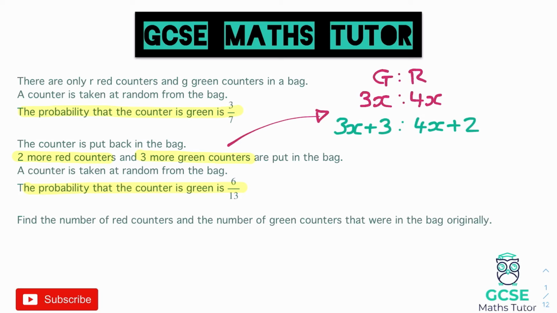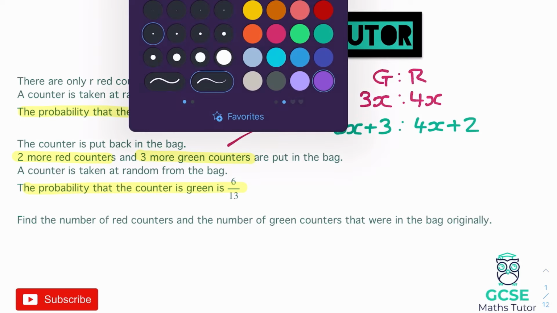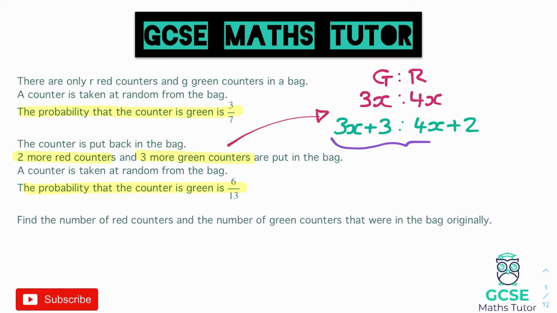And we know that the probability of picking a green is 6/13. So what expression can we make for the total, for our denominator for our probability? Well, if we add both of these together, that's going to give us our total amount of counters in terms of x. We have 3x and 4x, which adds up to 7x. And then we've got 3 add 2, which adds up to 5. So we know there's a total of 7x plus 5, whatever that value of x is.